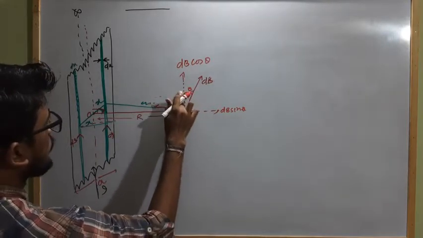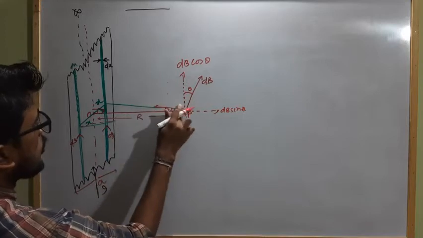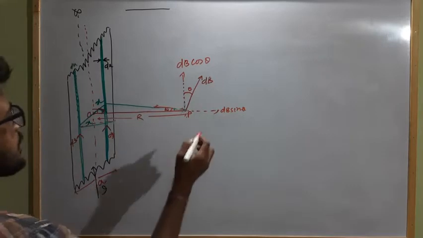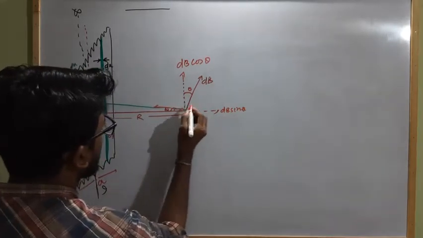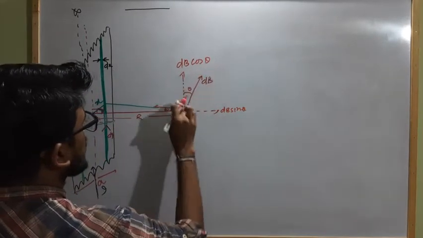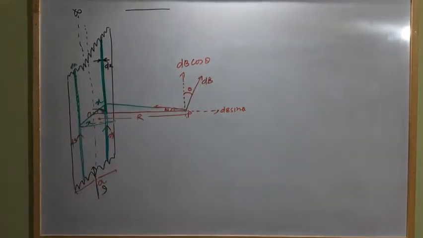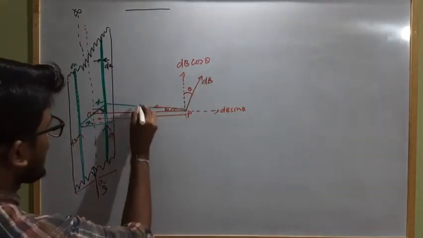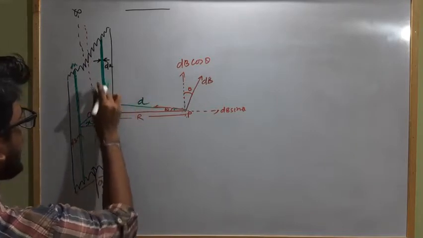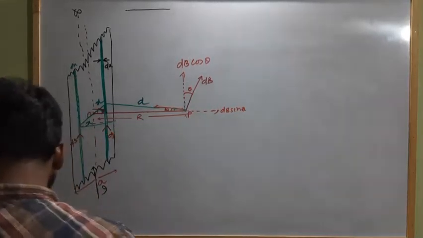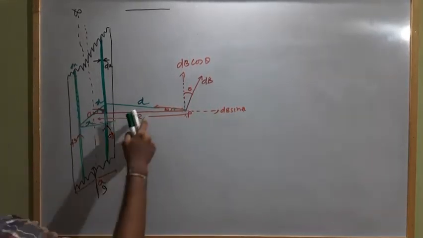Okay, so now I will clean the figure so that you can understand easily. This is the angle, this will be dB cos theta along this direction. Now we have to find out dB cos theta. So what is the value of dB? Here the distance is d, this is the current carrying element along this direction, this will be theta. This angle is a right angle, so from this figure we can write d.